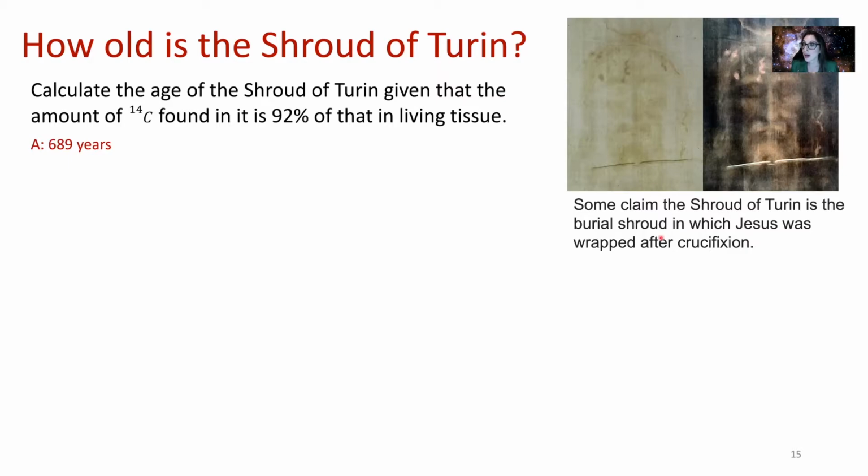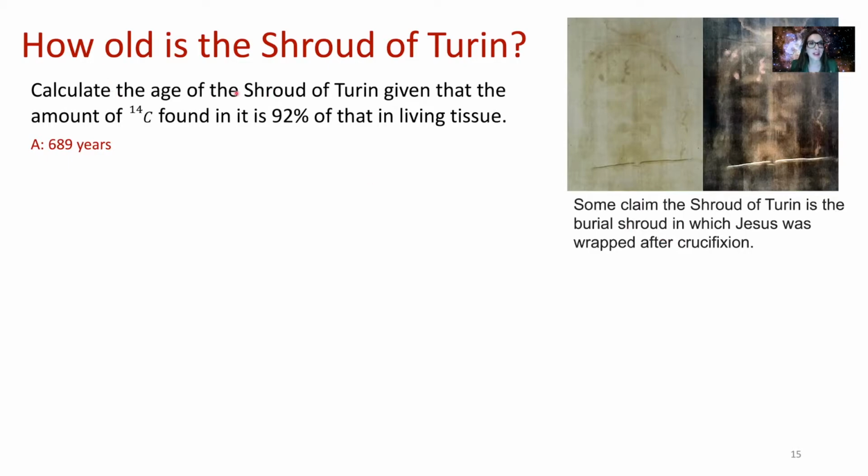And they used a process called carbon-14 dating, which relies on these radioactive decay processes, in order to find the actual age of the Shroud of Turin, to see, could this Shroud of Turin have actually been the burial shroud of Jesus? We're going to find out, yes or no.